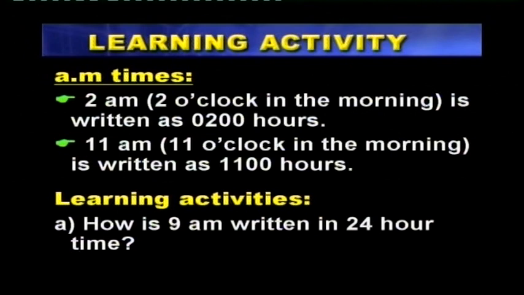Can we have somebody apart from the ones that are putting their hands up? Ruben, loud and clear. Ruben is going to give us the solution to how 9 AM can be written as a 24-hour time. 0900.